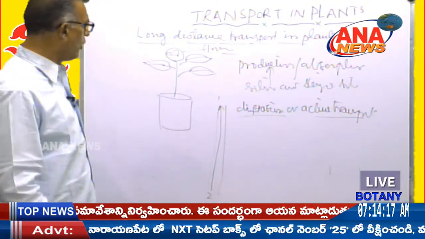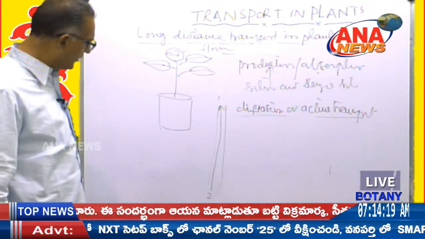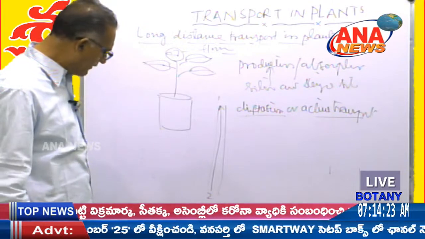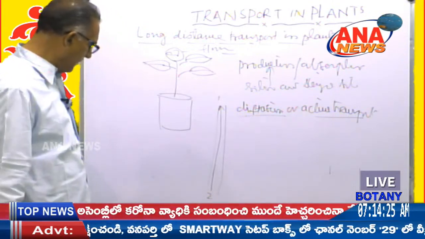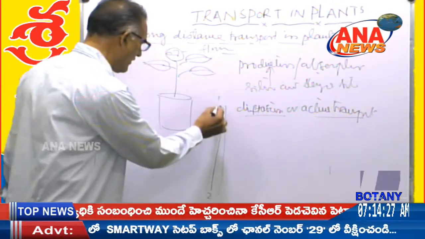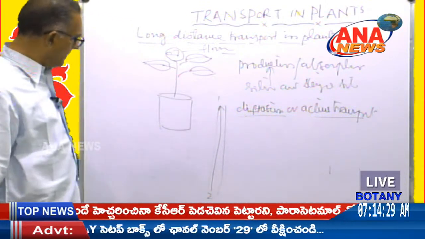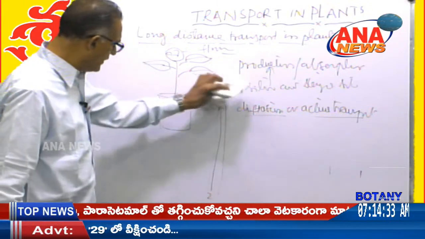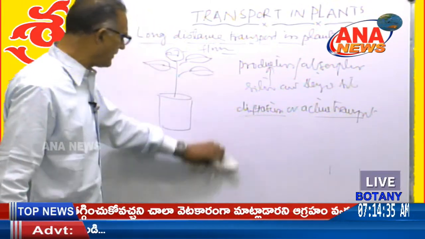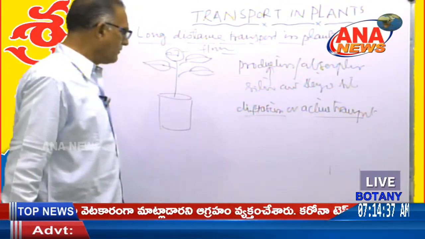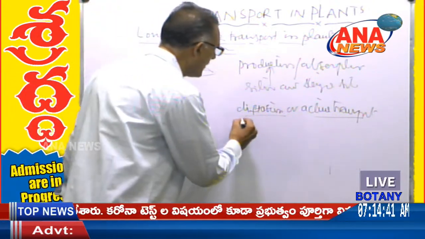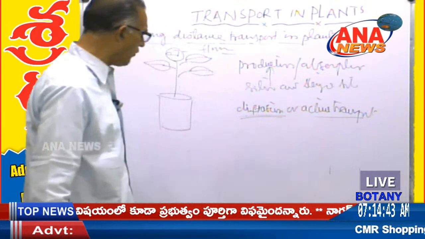In tall plants, for long distances, the substances are moved as bulk or en masse from one point to another point due to the pressure difference. It is the character of the movement of substances as bulk flow.